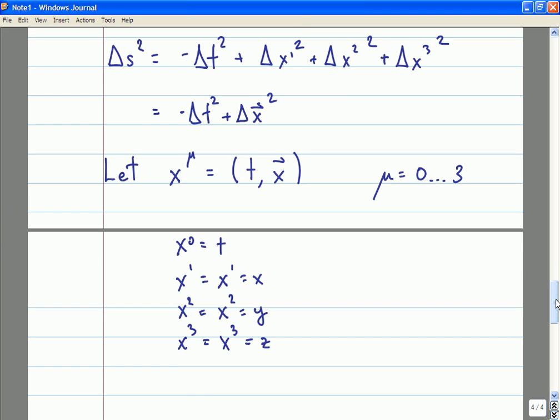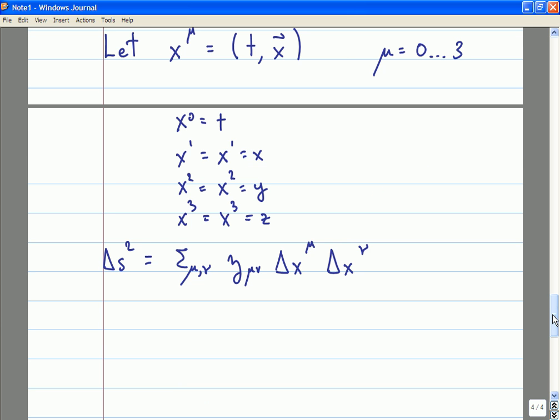And then, with this notation, delta s squared can be written as the sum over mu and nu of eta mu nu delta x superscript mu delta x superscript nu, where I've introduced the set of 16 quantities here, eta mu nu, which are given by 0 if mu is not equal to nu, and plus or minus 1 if mu is equal to nu.